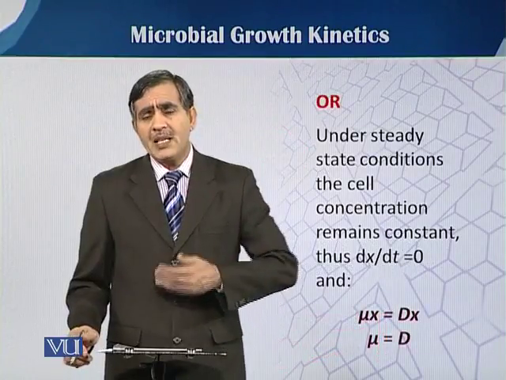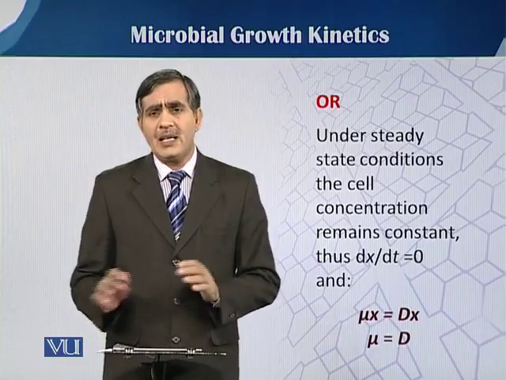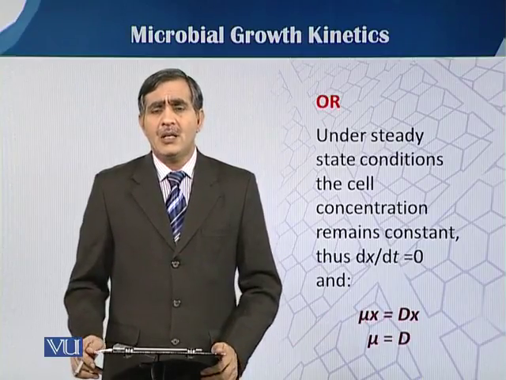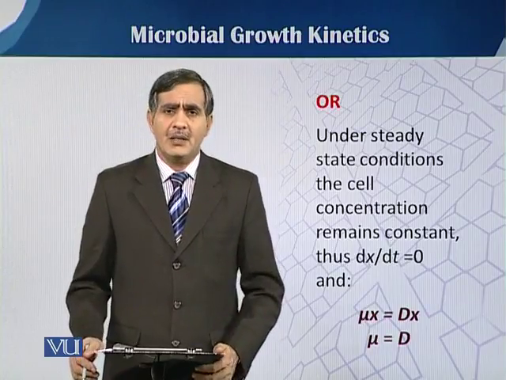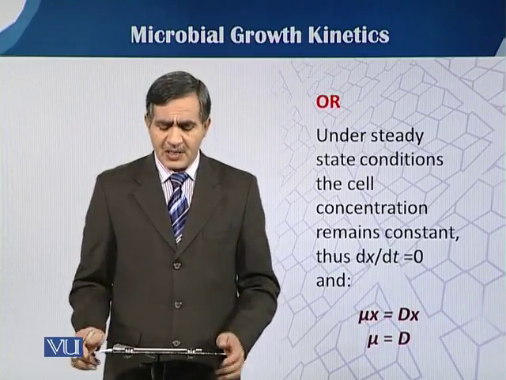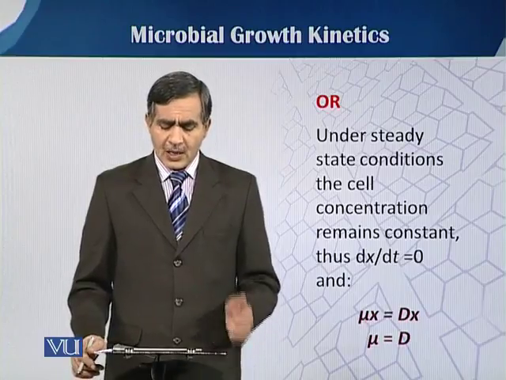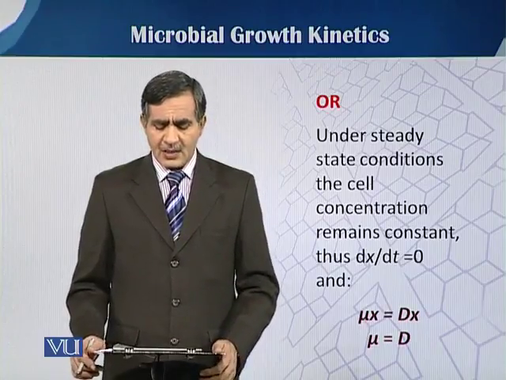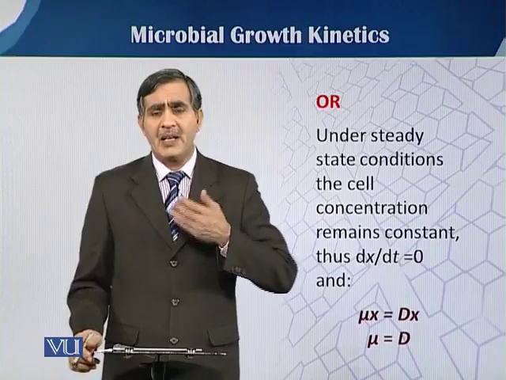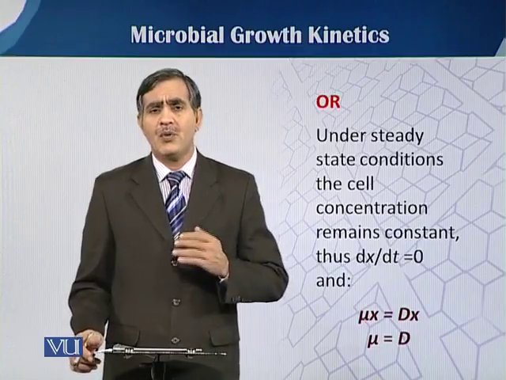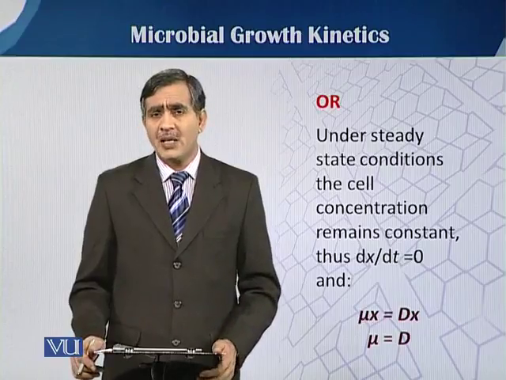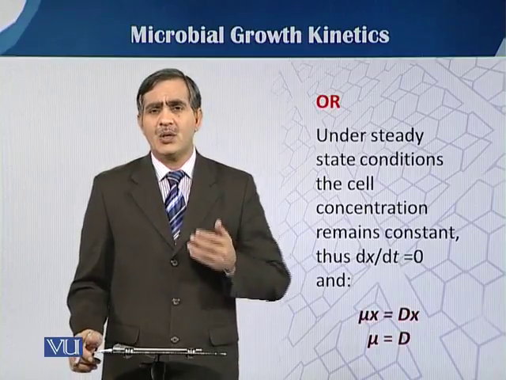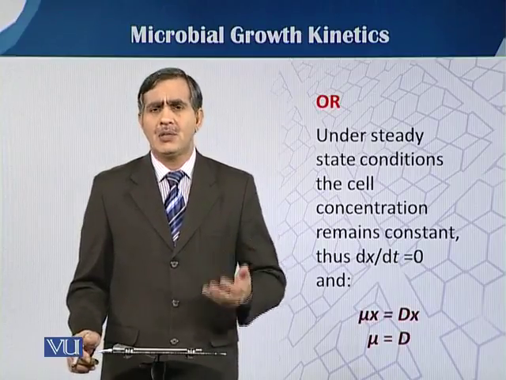So when there is a dilution rate equal to the specific growth rate, we reach the state called steady state. Under steady state condition, the cell concentration remains the same. I mean there is no further change in the cell mass concentration. So we can write here that dx over dt is equal to 0.